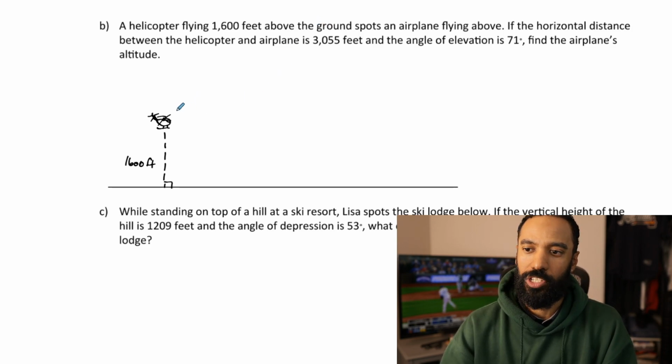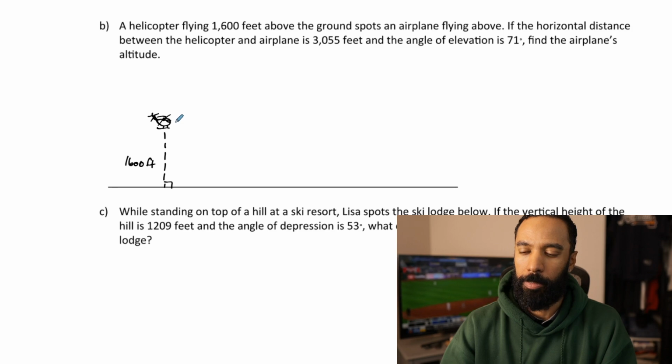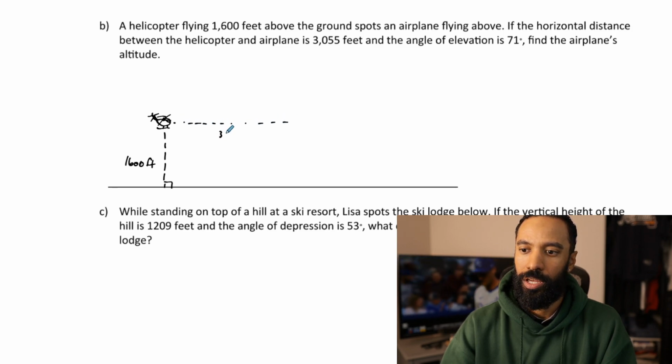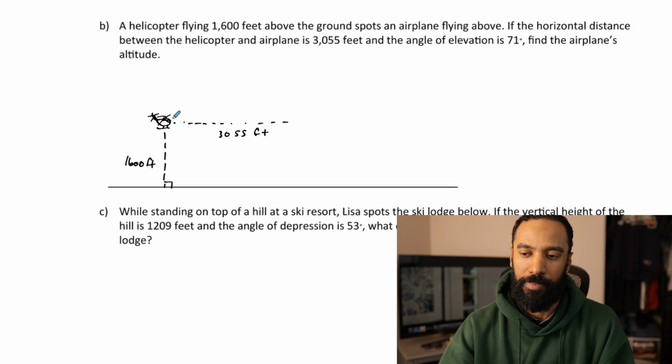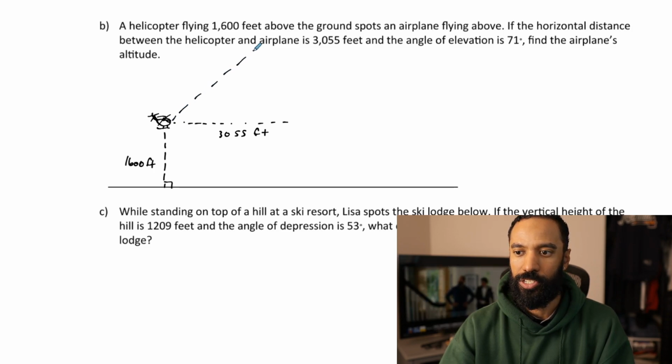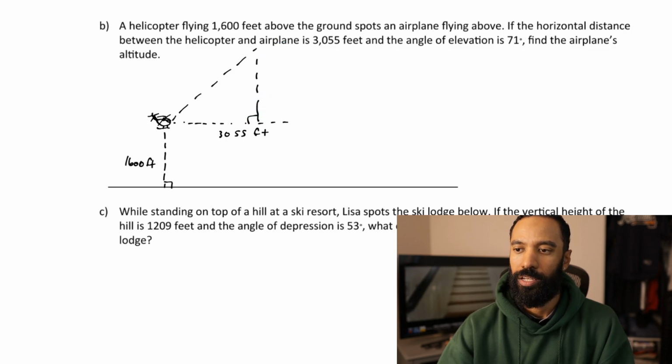The horizontal distance between the helicopter and the airplane here is 3,055 feet. The angle of elevation is 71 degrees. I think they're saying that from the helicopter to the airplane, this is 71 degrees here. I'm just going to go ahead and do it like that.